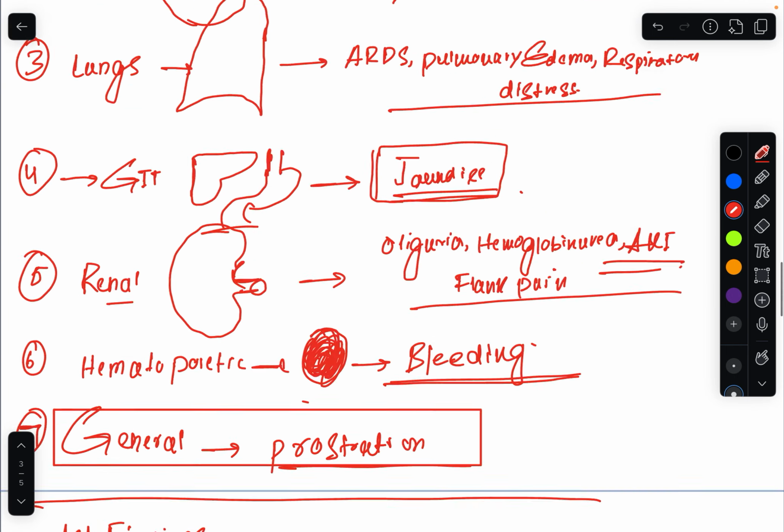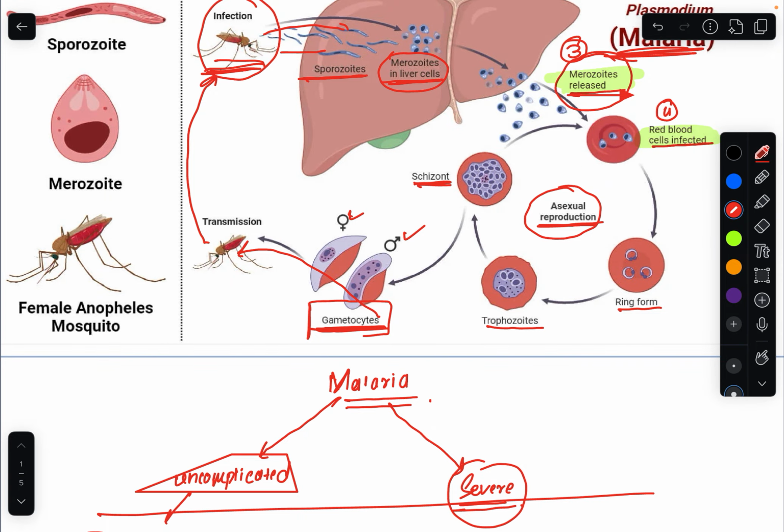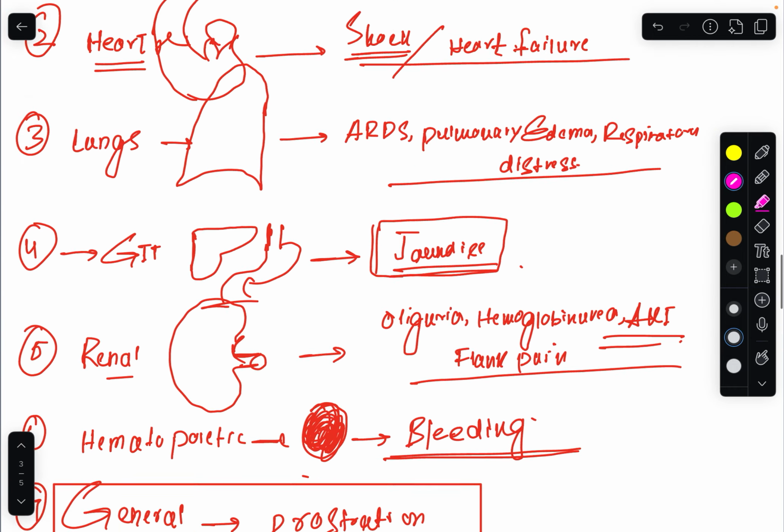I told you in the life cycle that merozoites infect red blood cells, and when these schizonts rupture to release merozoites, RBCs are also ruptured, so hemolysis is going on. That's why there is anemia.